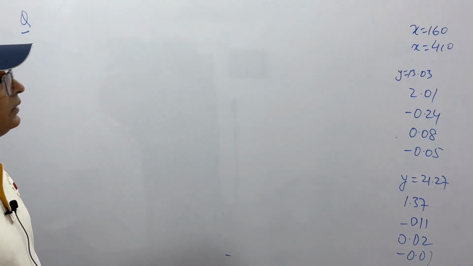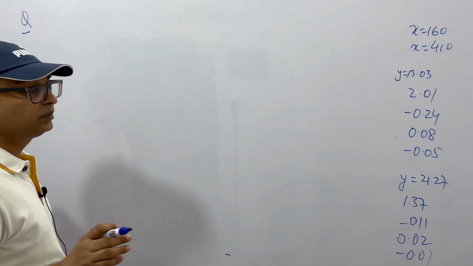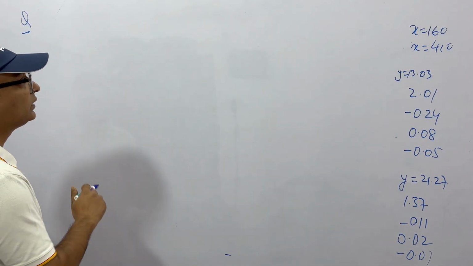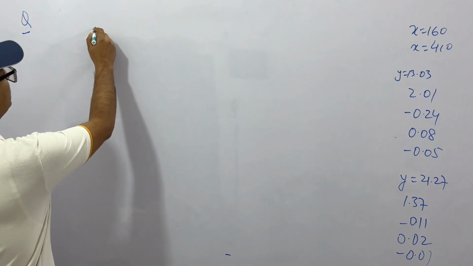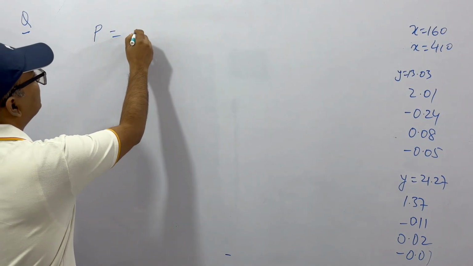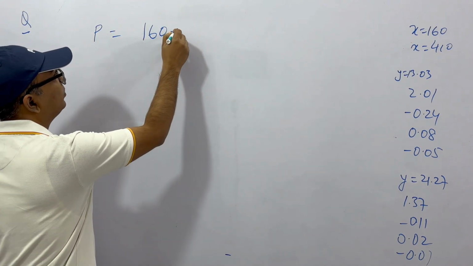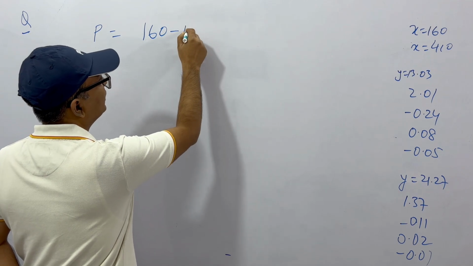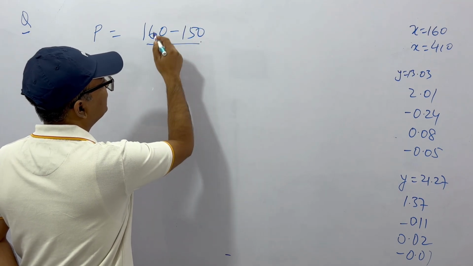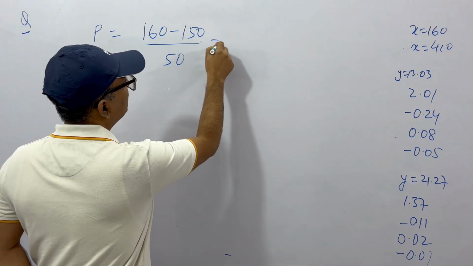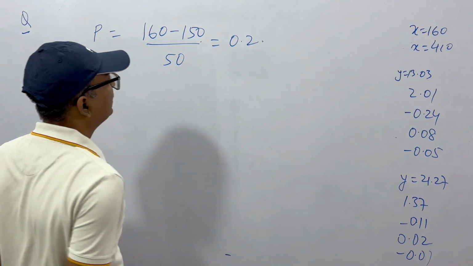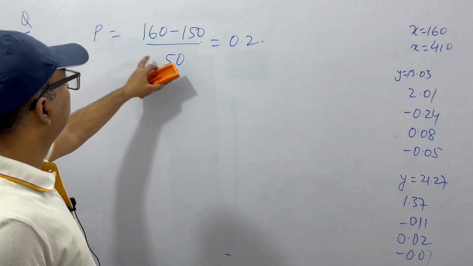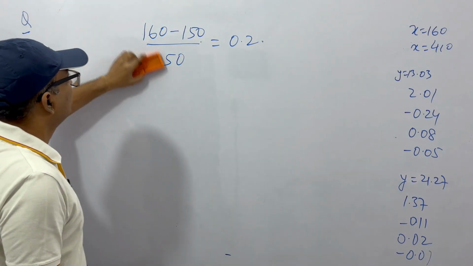Let's find out the value of y for x equal to 160. So p will be, x is 160 minus, just above that we had 150, and h is 50. So this comes to 0.2. So we have p equal to 0.2 and we know the formula.